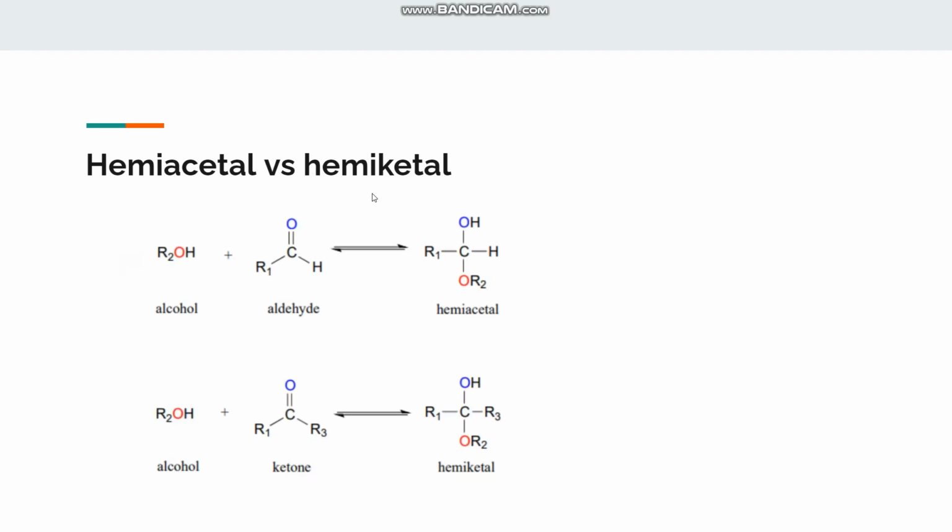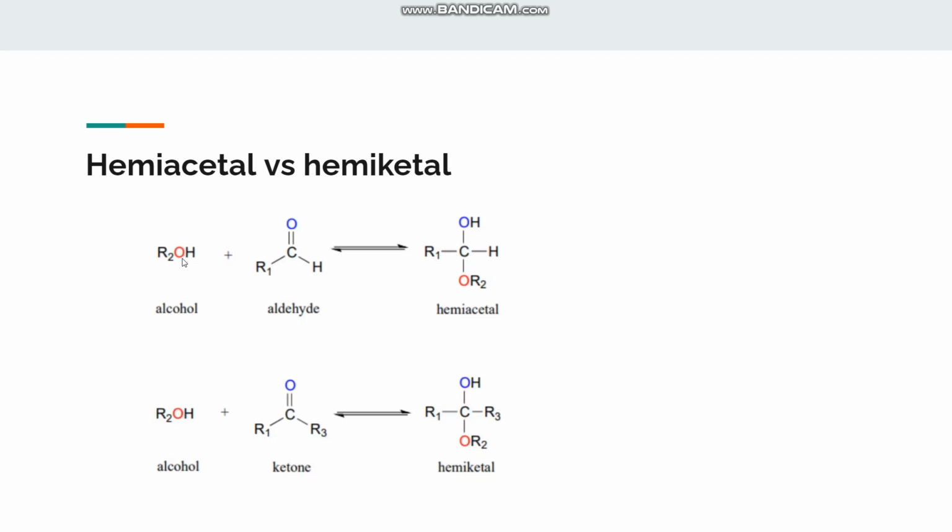And what about hemiacetal and hemiketal? What are these two things? So first, let's look at the formation of hemiacetal. When an aldehyde reacts with an alcohol in the presence of an acid catalyst, a nucleophilic addition occurs, and we get a hemiacetal.